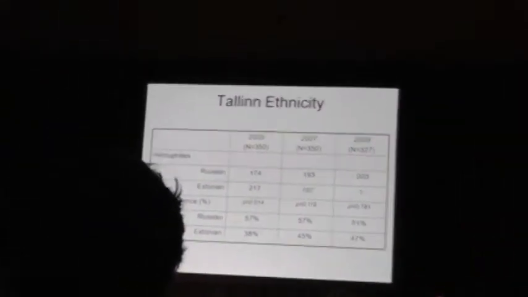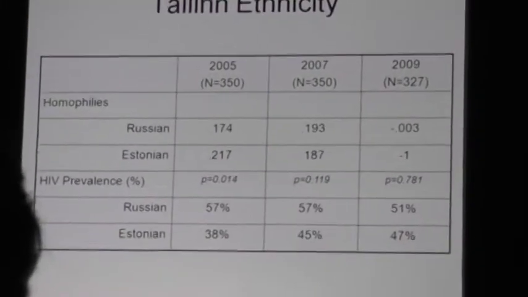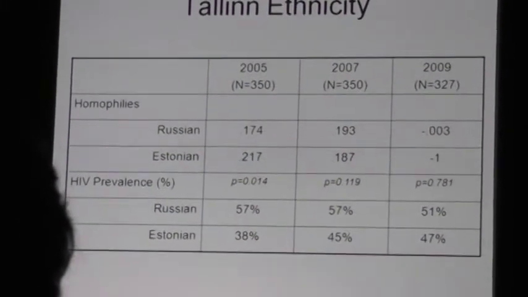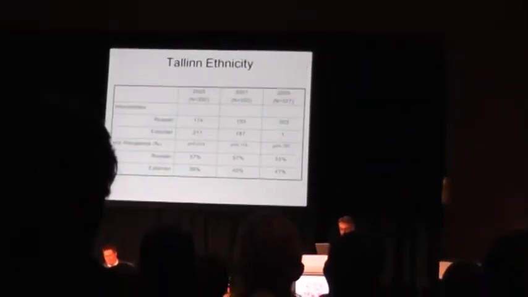In Tallinn, the 2 major ethnic groups are ethnic Russians and ethnic Estonians. In the first 2 surveys, there was a substantial difference in HIV prevalence, with the Russians at 57% and the ethnic Estonians at 38 and 45%.